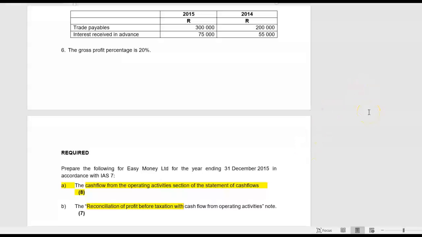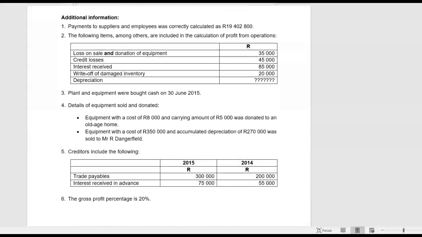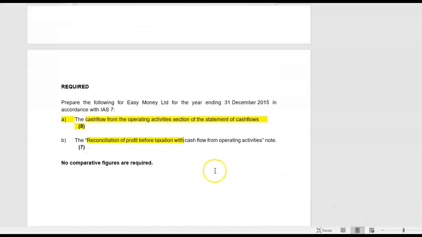So they do not ask investing activities. They do not ask financing activities, so you do not waste your time with all of those. We are going to focus, number 1, on cash flow from operating activities. Cash flow from operating activities starts with cash received from customers and employees.